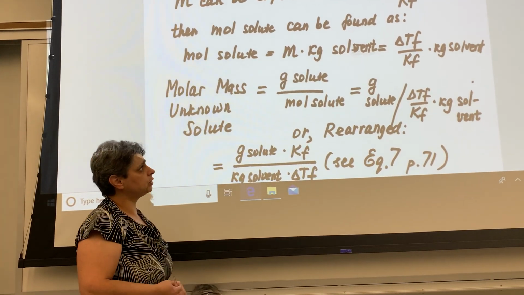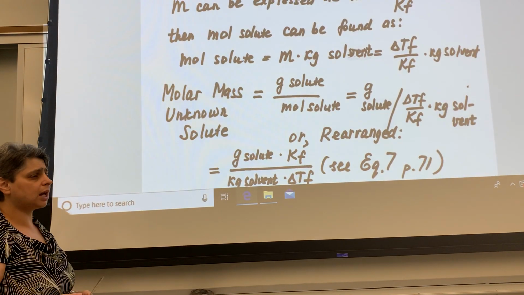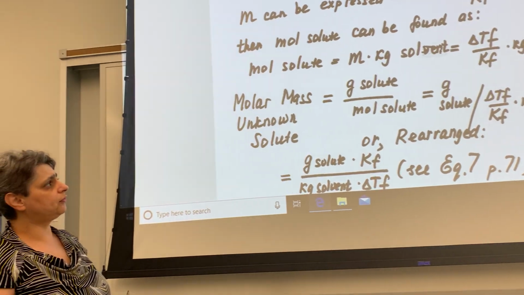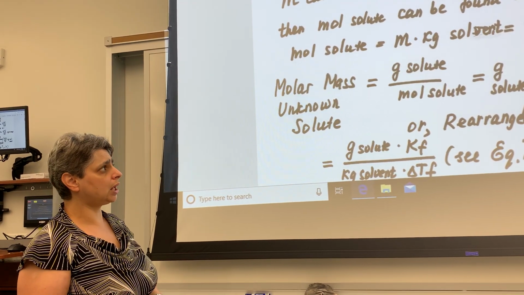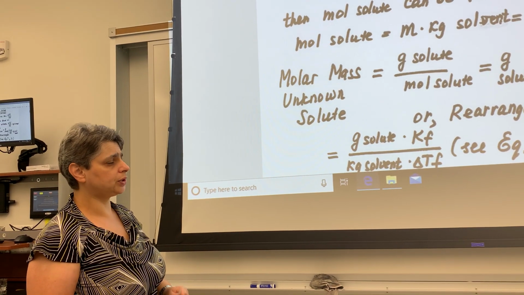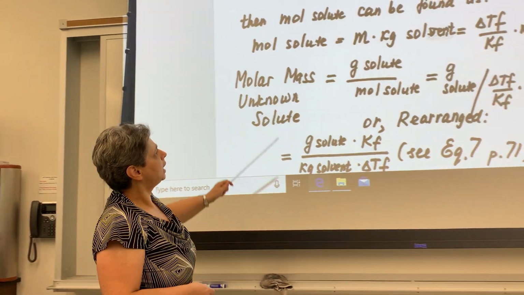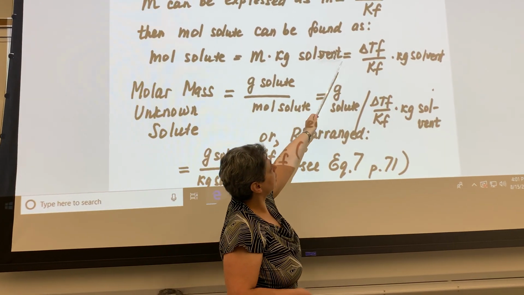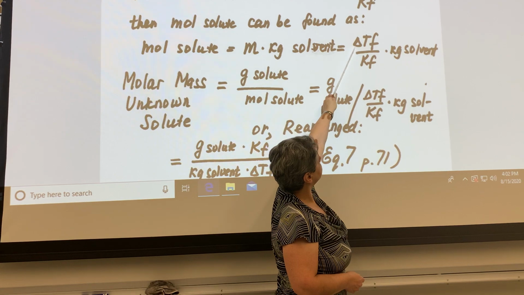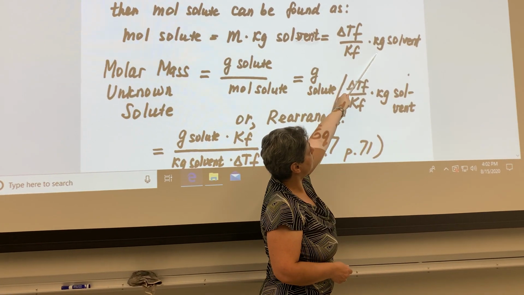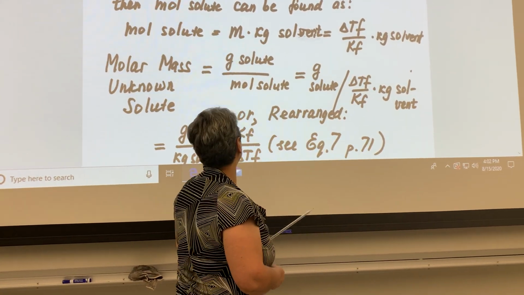Another important thing when doing these problems is to clearly establish from the very beginning which substance is a solute and which one is a solvent, so you don't get them confused. And so moles of solute eventually can be figured out as delta TF over Kf times kilograms of solvent.